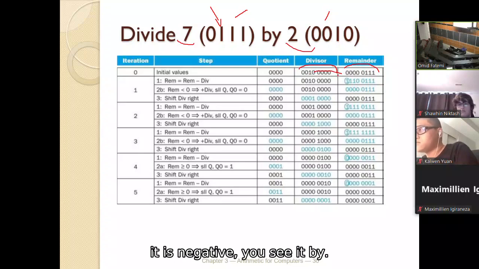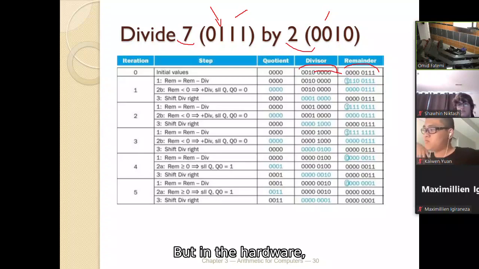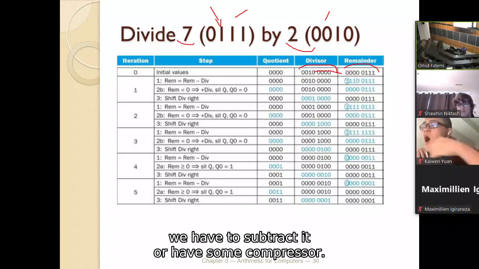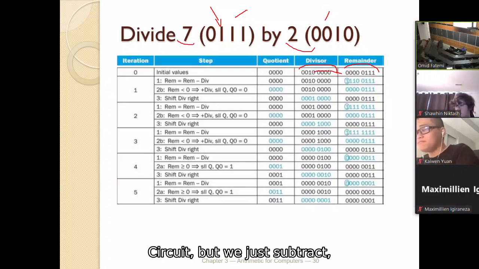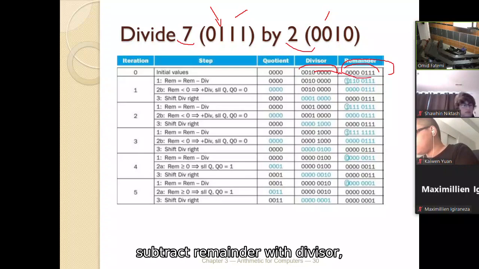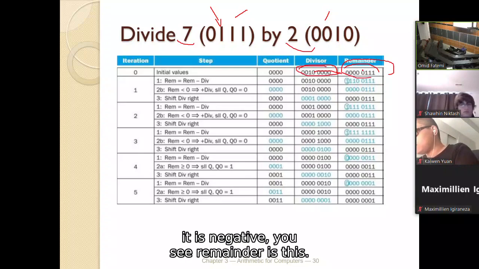It is negative. You see it by eye, but in the hardware, we have to subtract it or have some kind of comparator circuit. But we just subtract. We subtract remainder with divisor.